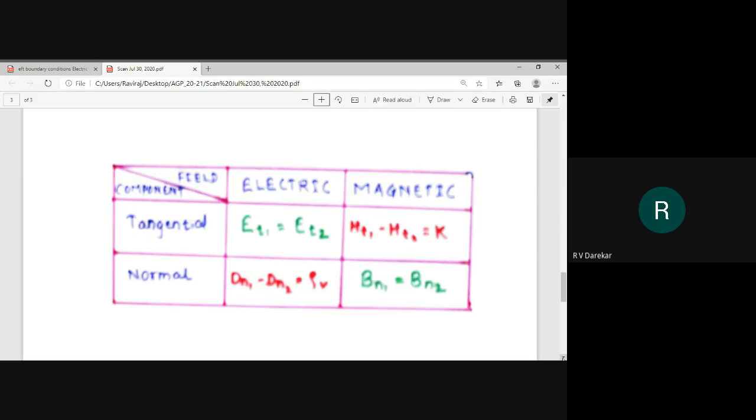That is, equations are continuous for electric tangential component and normal magnetic component, but they are not continuous for tangential magnetic component as well as normal electric component.